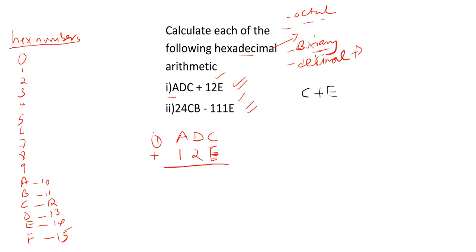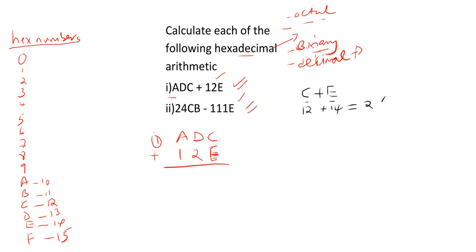Now when you are doing this, you look at the equivalents for C and E. C is representing 12, and E is representing 14. So 12 plus 14 gives us what? 26.